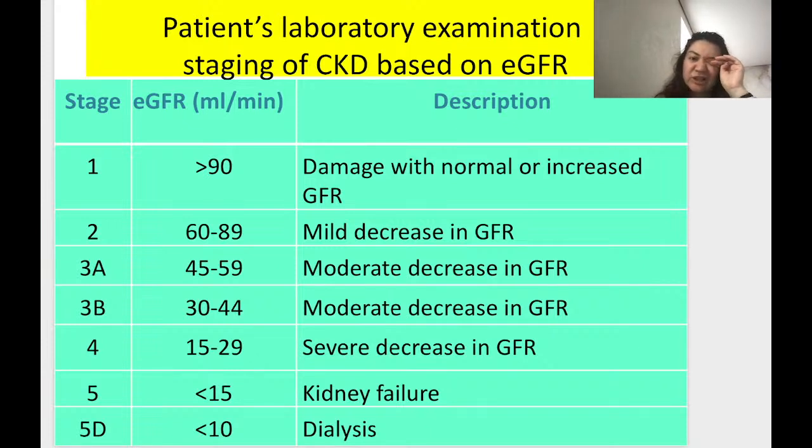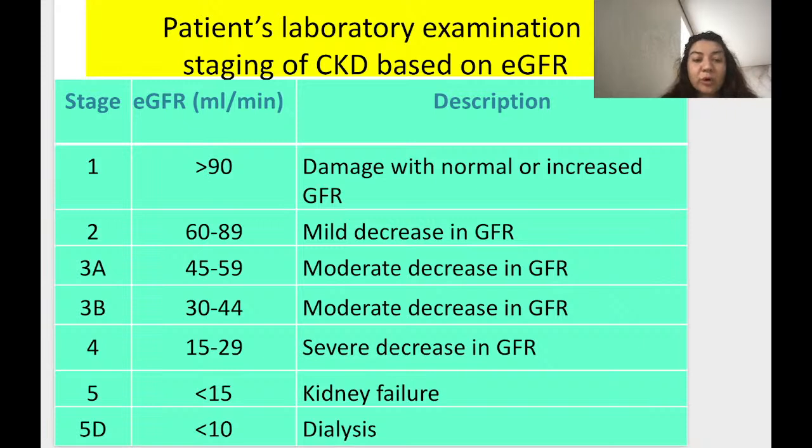If eGFR is a little bit decreased, from 60 to 89, it is stage 2, a mild decrease in GFR. Chronic kidney disease stage 3 is a moderately decreased GFR and is subdivided into two substages. The 3A is from 45 to 59 and 3B from 30 to 44.